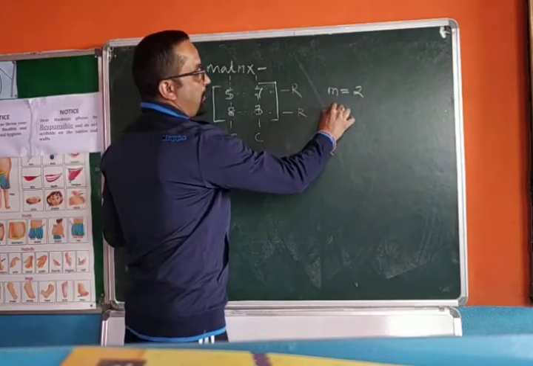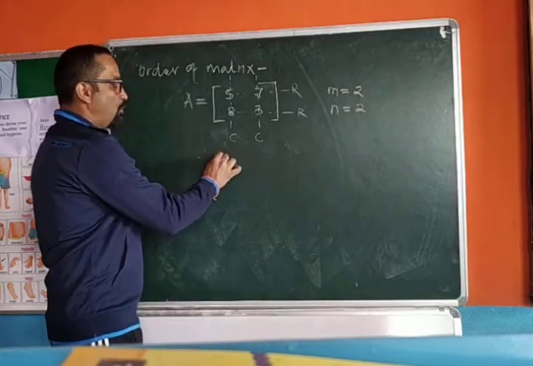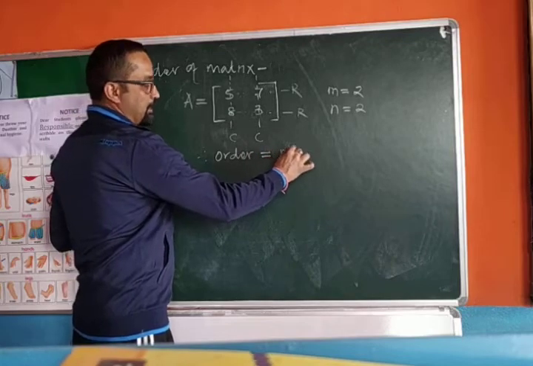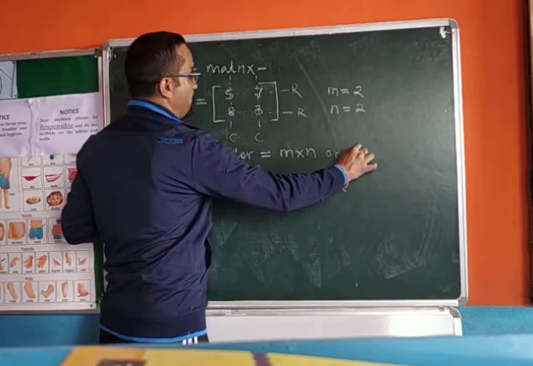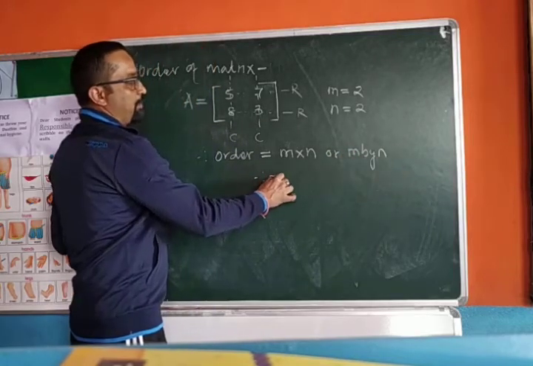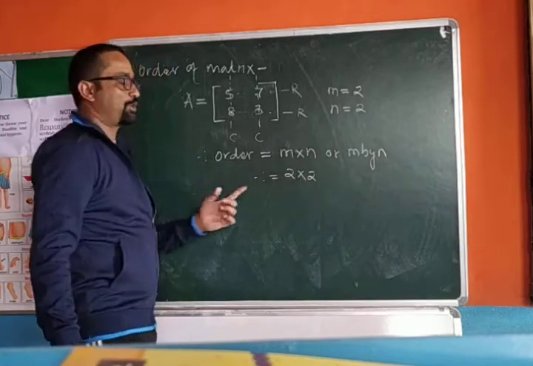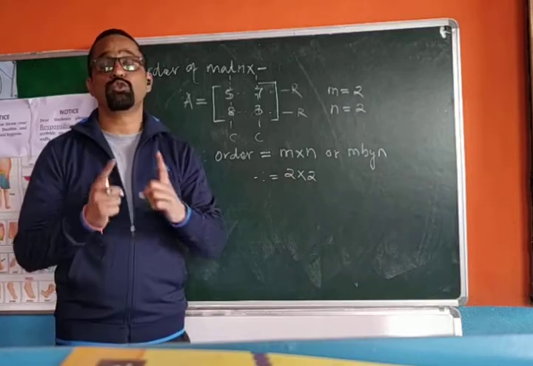So how many columns do we have? 2. Therefore, order is always written as m cross n, or we can write it as m by n. Therefore, n is 2. The order of the matrix is 2 by 2, or we say 2 cross 2.